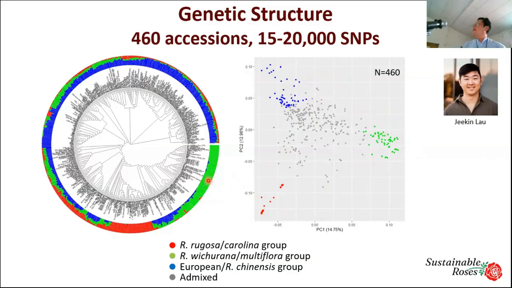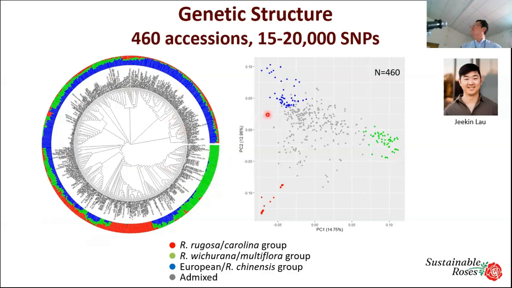On the left side, you have a phylogenetic tree of all those accessions, and the circle around it with varying amounts of red, green, and blue is the amount of the genome from those groups that each of those genotypes has. So that's what that looks like.